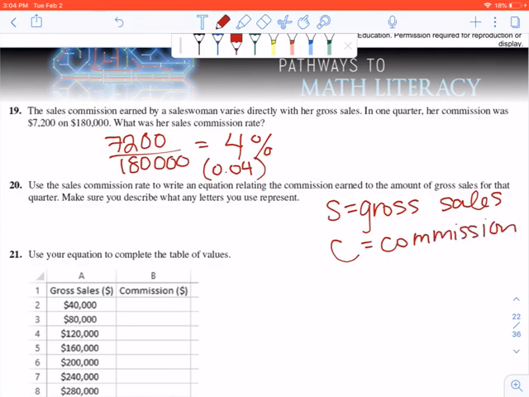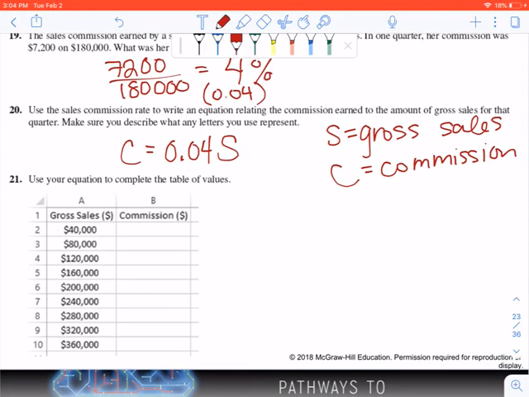So we know her commission is going to be equal to the rate, 0.04, times the sale. So if I take 0.04 of the 180,000, I would get the 7,200 commission. All right, so let's use that equation to fill out the table. Go ahead and try that on your own, and then you can check your answers.